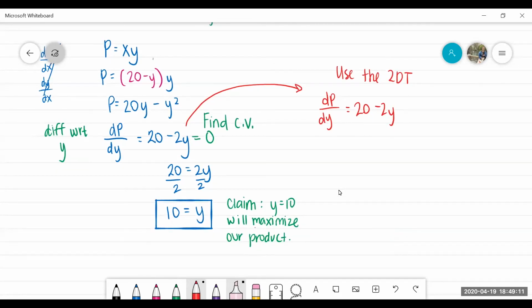In our case, we're looking for a maximum, right? But it allows us to do that without having to do intervals of increasing, decreasing. It's kind of the shorter road to what we want to get at, right? So in order to apply the second derivative test, I need the second derivative. So d squared p dy squared, this is just going to be negative 2, right?